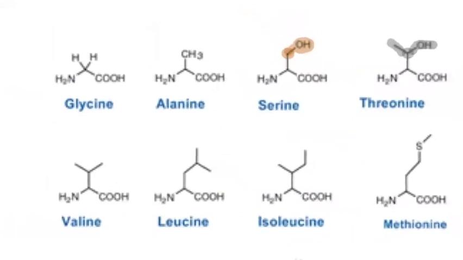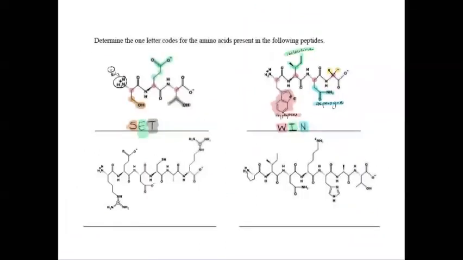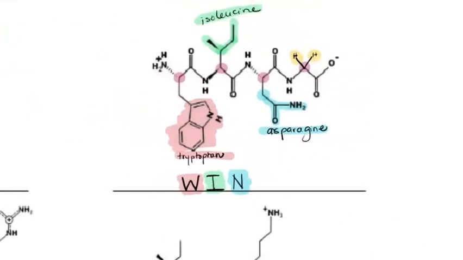Which amino acid has 2 hydrogens connected to the alpha carbon? Thank you, Katie. Yes, that's glycine. So when it comes to glycine, the one letter code for glycine is the letter G. So this peptide spells the word wing.